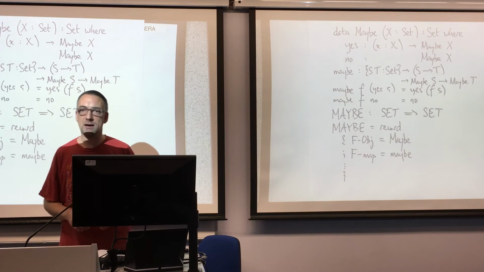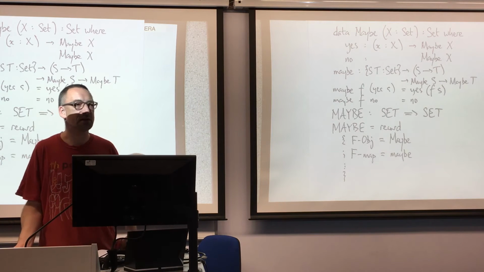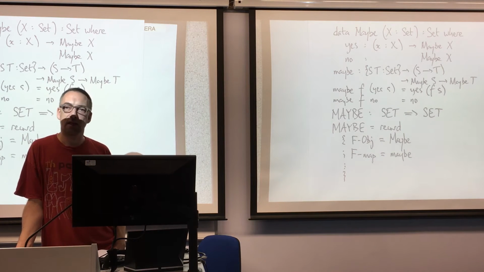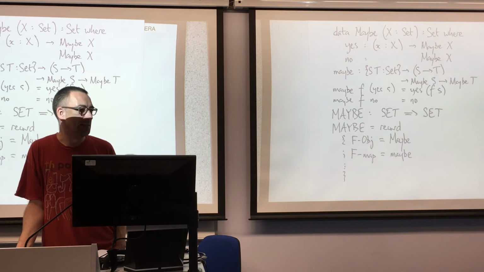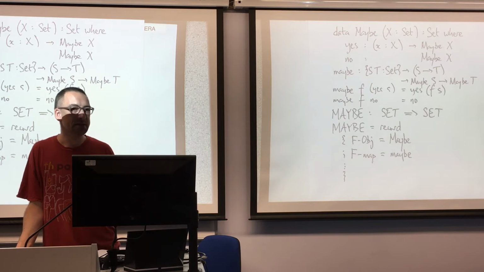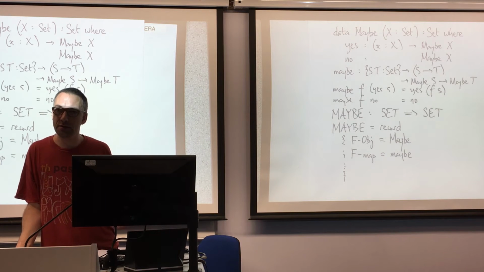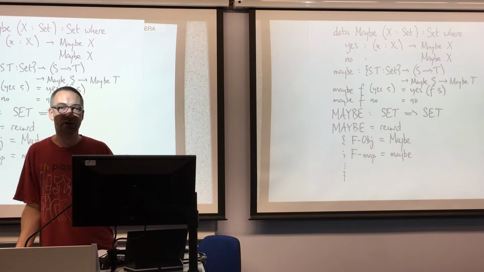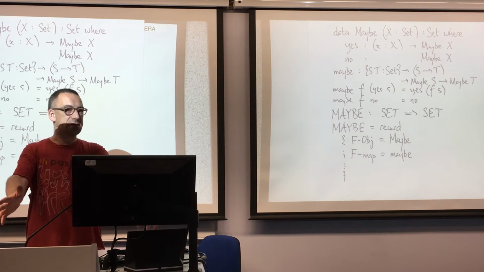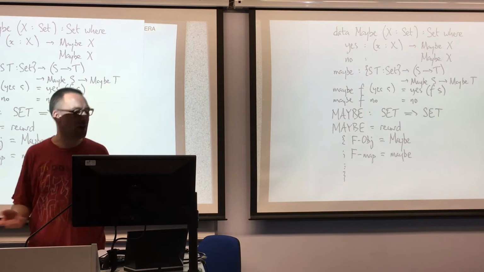If we look at vectors, how does Vec use its set parameter, its X? Well, in the cons constructor, it uses that set X to pack up an element, and then recursively, also in cons, it uses another vector type to pack up some more elements.